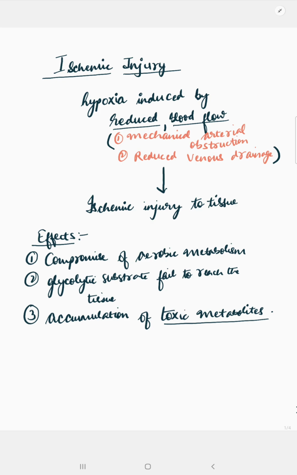It leads to a compromise of aerobic metabolism due to lack of oxygen, and glycolytic substrate fail to reach the tissue, because of which even the anaerobic pathway is hampered. There is also accumulation of toxic metabolites which cause further tissue injury, because there is failure to wash away the toxic metabolites from the tissue because of reduced blood supply.